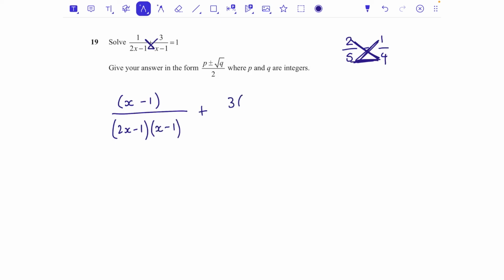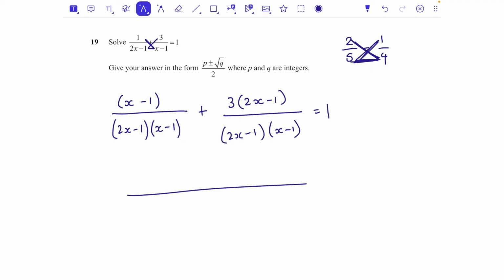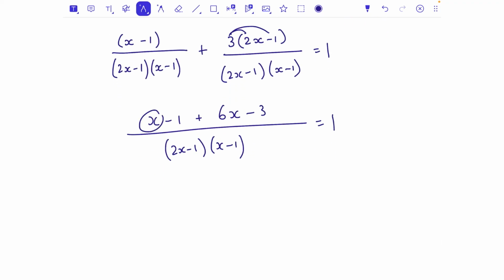Yeah, 3 lots of 2x minus 1 over 2x minus 1, x minus 1 equals 1. So I'm going to make this fraction all over that common denominator of 2x minus 1, x minus 1, and on the numerator I've got x minus 1, add, and I'm going to times this out, 6x minus 3, and that equals 1.